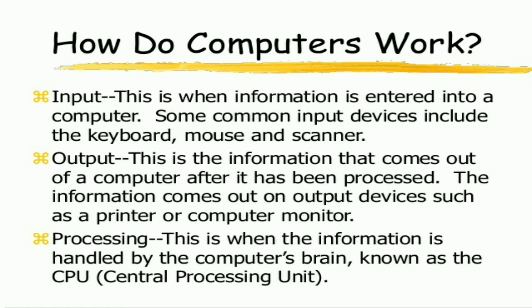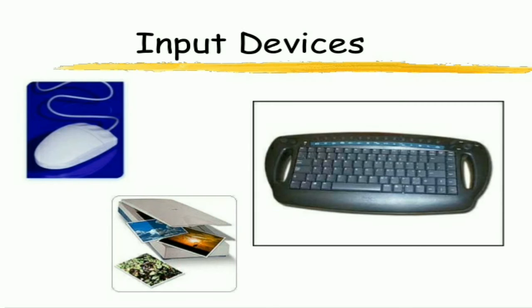So the CPU is processing between the input and output devices. So children, you all understand how the computer works and which types of devices are in it. The input devices are the keyboard, mouse and scanner.